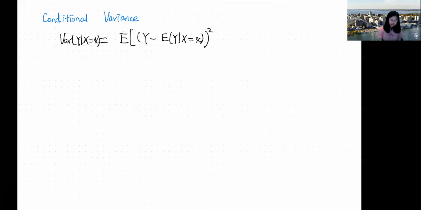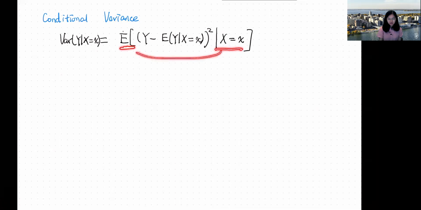Squared, so the deviation of y from its expectation squared, and then we take the conditional expectation given x equals little x. So this conditioning event is associated with this expectation sign. So these two are a system. And this conditioning event is associated with this expectation sign. These two are a system. They always come together.